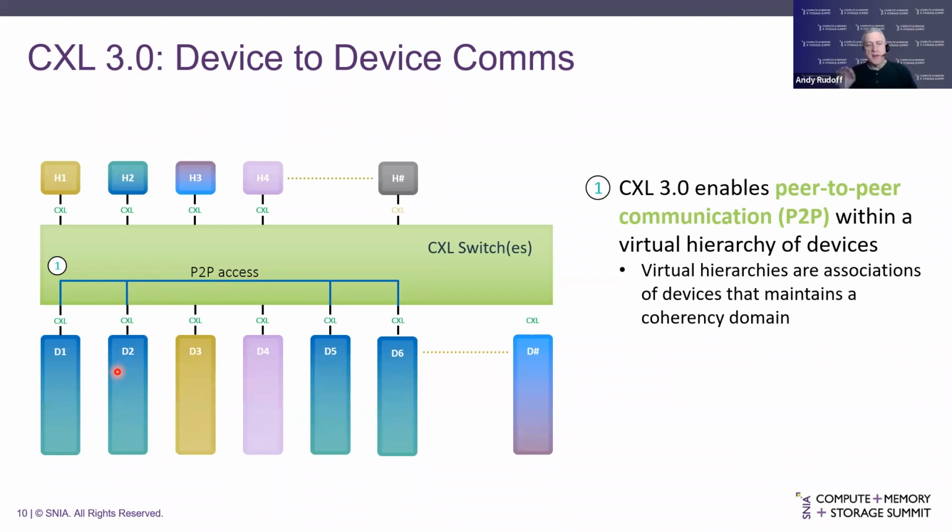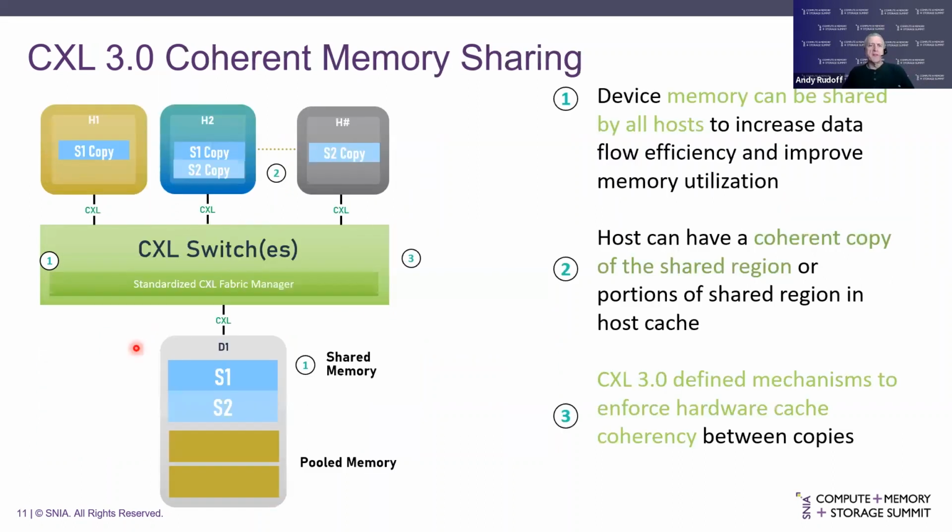The peer-to-peer access allows that, and the new coherency mechanism allows that, because now this device can send these so-called back invalidate commands up to the hosts that can see this device, so that they don't then have stale data in their caches. So it's a very powerful mechanism for peer-to-peer operation, part of the 3.0 spec. And that same coherency mechanism allows this coherent memory sharing that's new in 3.0.